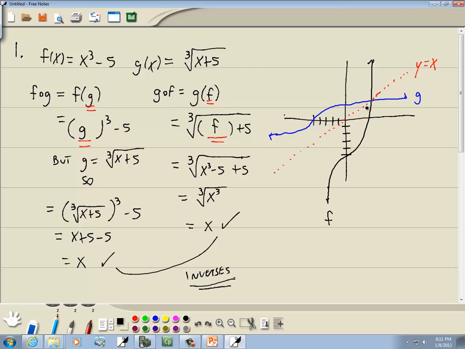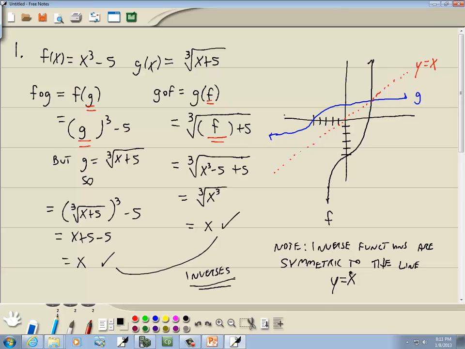But for two functions to be inverses of each other, they have to be symmetric to the line y is equal to x. So let me put that note here. Inverse functions are symmetric to the line y is equal to x.